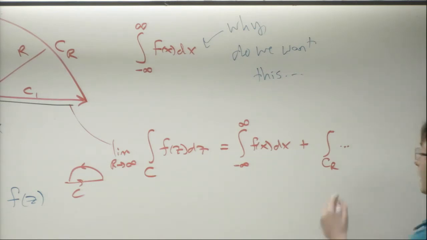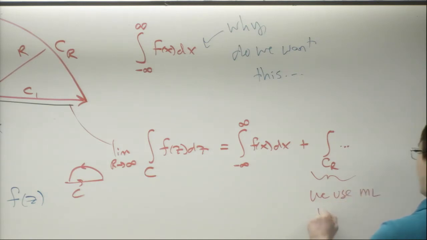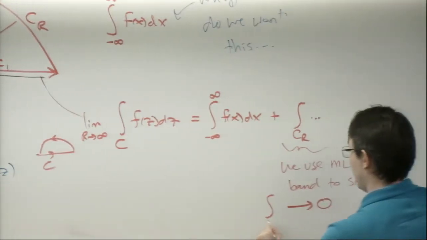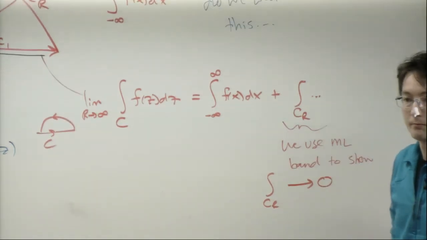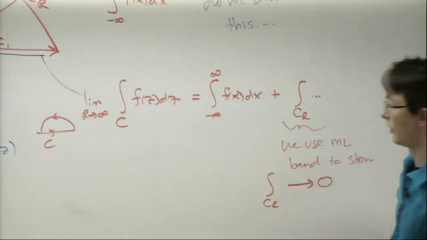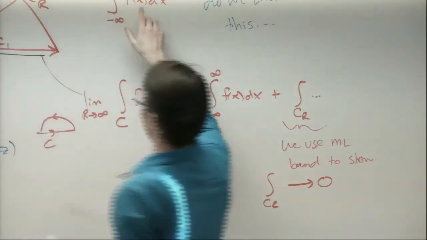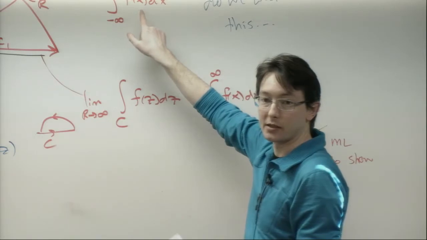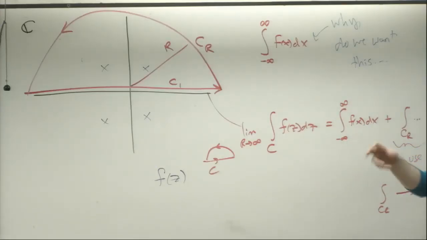And so we can use the ML bound to show that this term goes to 0. Now, that's not always true. But for lots of functions, as I increase the radius, the function gets smaller faster than the radius gets larger. And so m times L will limit to 0.